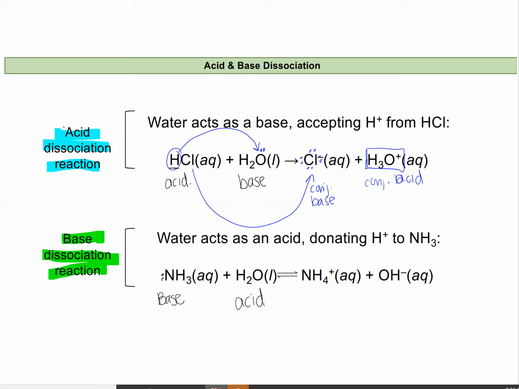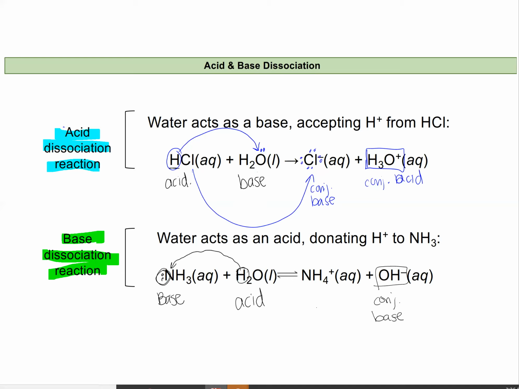And so it's changing roles based on what it is combined with. So in this case, the water, instead of accepting a hydrogen, is going to do the job of donating it. And it's going to donate it to that lone pair on our nitrogen in our base. And when that happens, we're going to be left over with just this hydroxide ion here as our conjugate base.